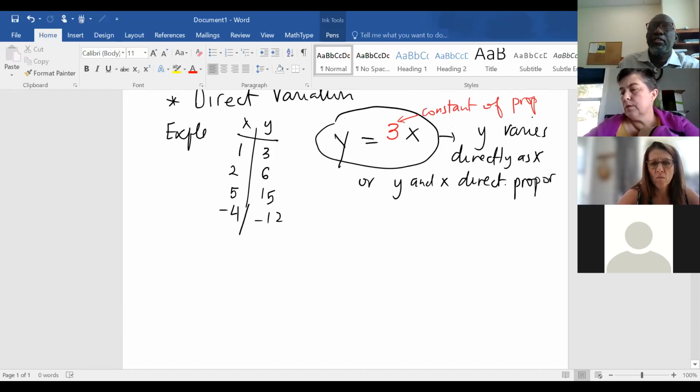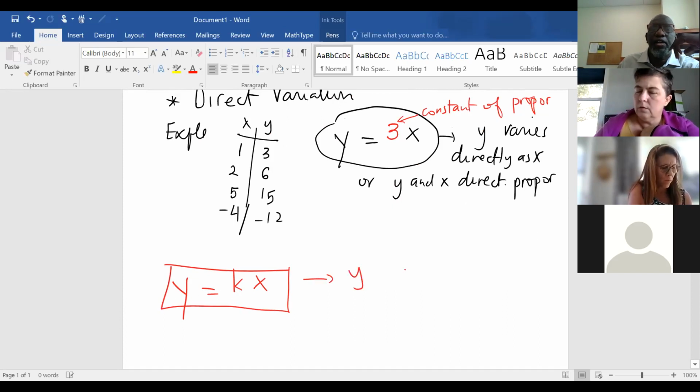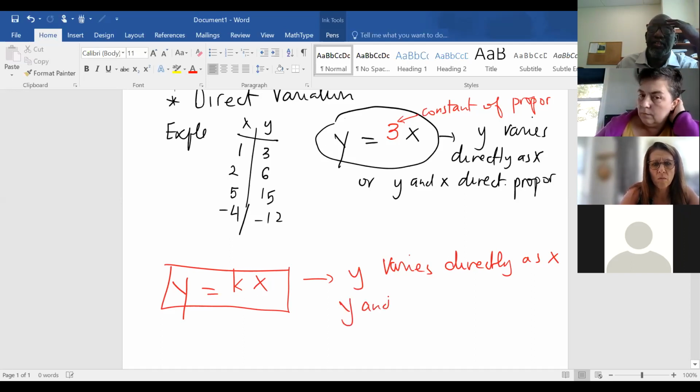So when you say y equals kx, that means y varies directly as x, or y varies in the same proportion as x, or y and x are directly proportional. You see what it means?